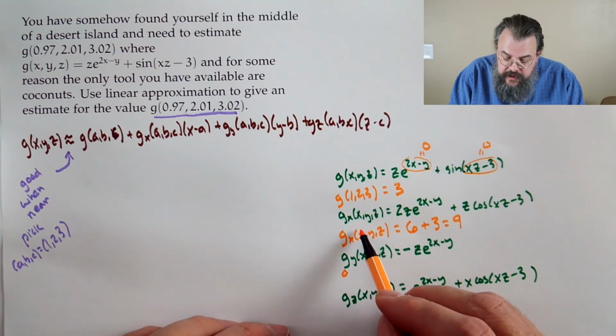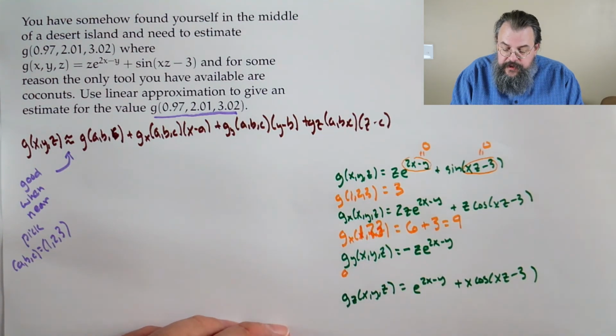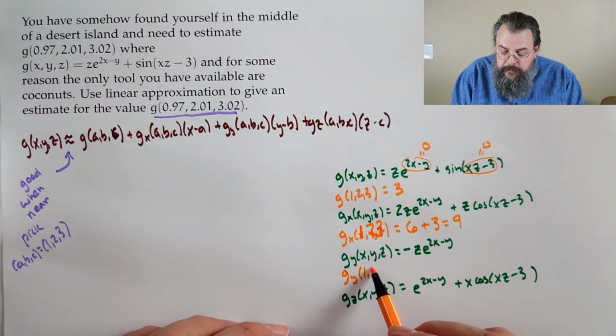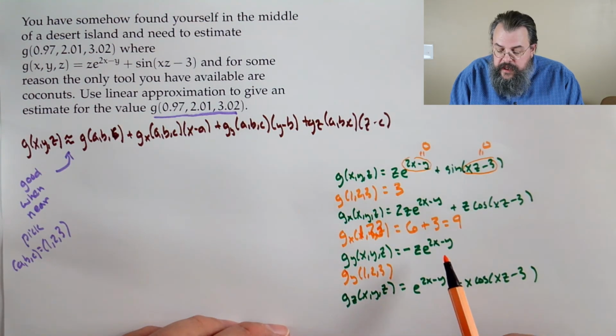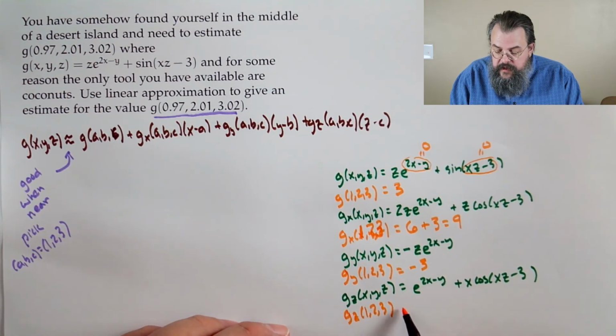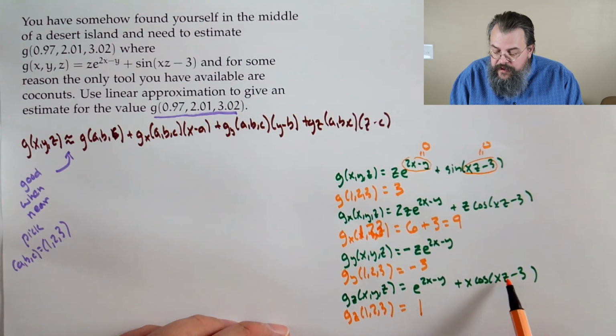I'm sorry, not x, y, z, 1, 2, 3. There we go. All right, g sub y of 1, 2, 3. Okay, e to the 0 times minus 3, so that's minus 3. And g sub z of 1, 2, 3, e to the 0, 1, plus x, which is 1, times cosine 0.